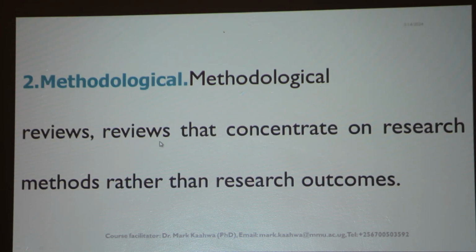The second one is the methodological approach. Now, methodological reviews concentrate on research methods rather than research outcomes. So the methodological approach is that when you are reviewing the literature, you will put literature that has the same methodology together, and literature that has a different methodology, you'll also put them together.